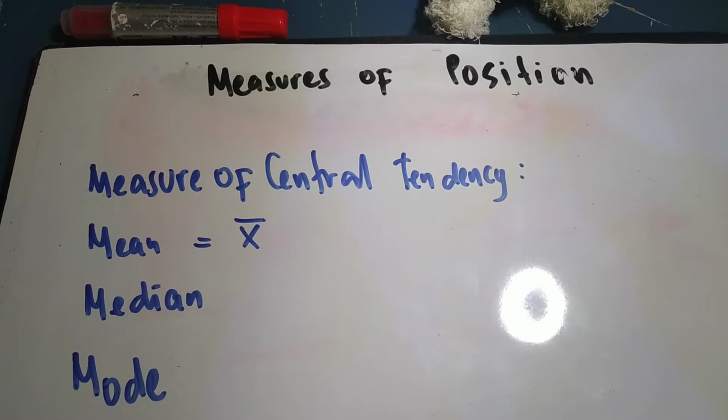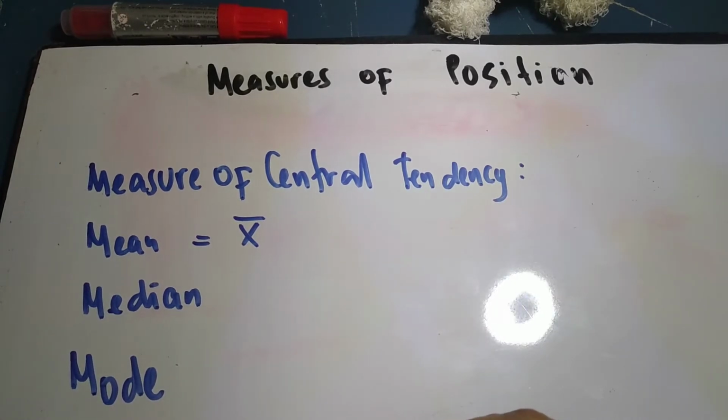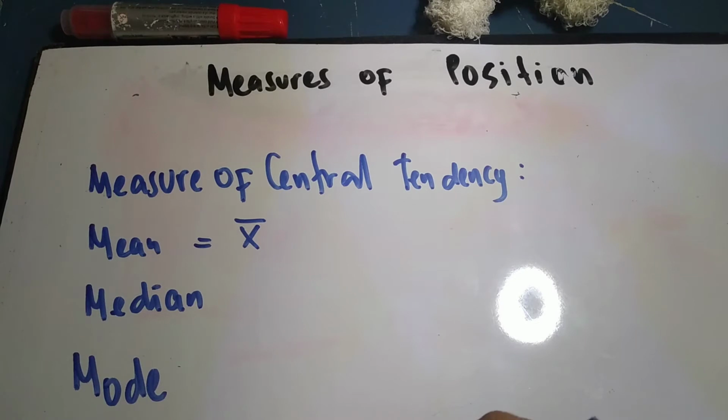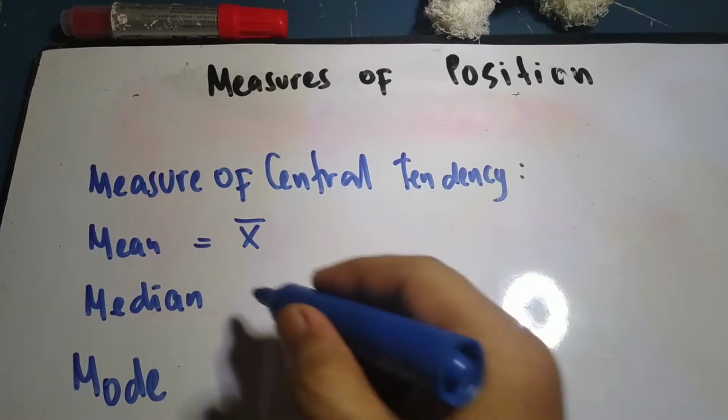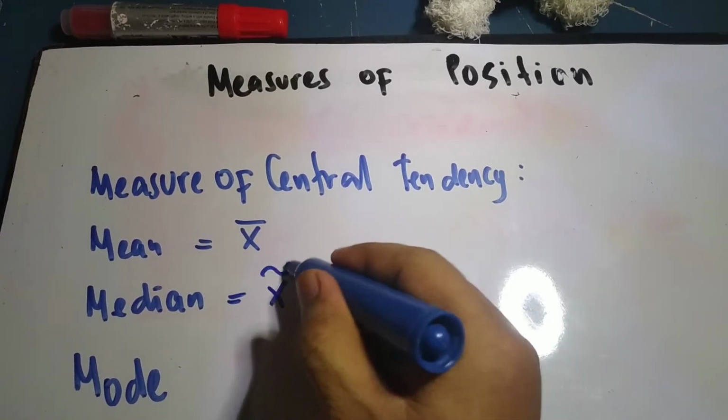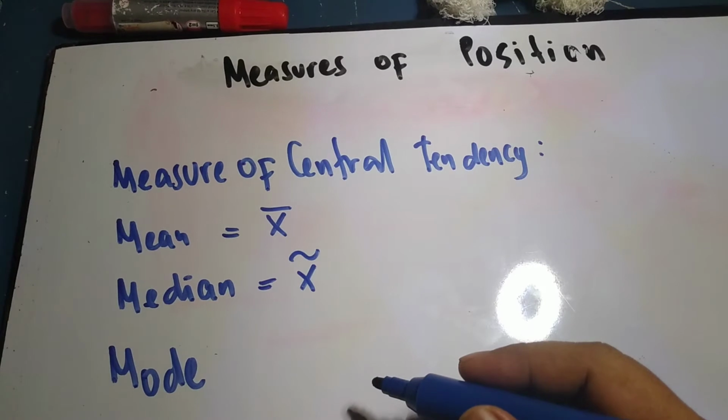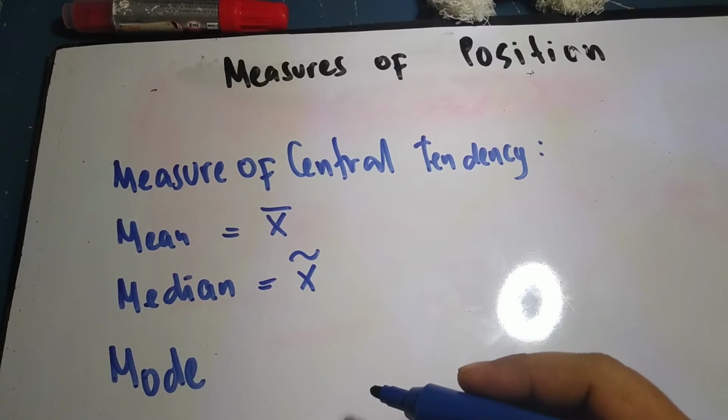Okay, and then for median naman, so ang sabi natin sa median, ito yung middle value in a set of numbers. Okay, so ang symbol po naman natin for the median is yung tilde. So we have the X and then this one. Okay, and then for mode, when we say mode, it is the most frequently appearing number in the set of data.